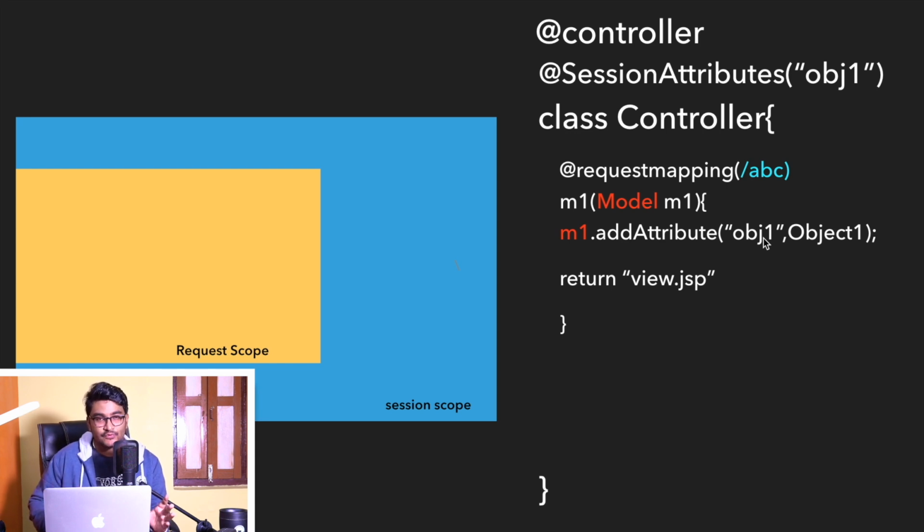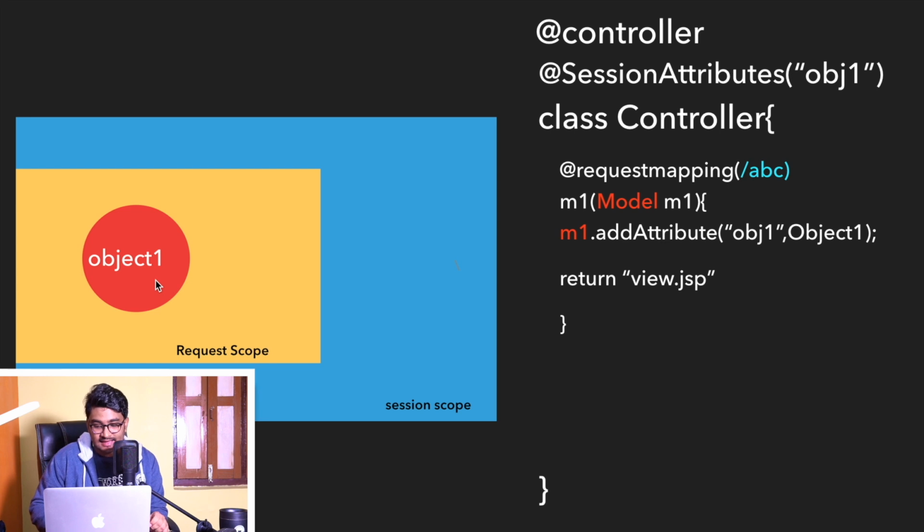As I said, we have two types of scope: one is request scope, one is session scope. When somebody hits this URL /abc, a model object will be created. The model object is part of the request scope, and we are adding object 1 to our model, so object 1 will go to the request scope.